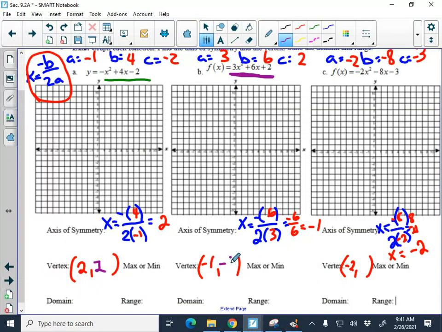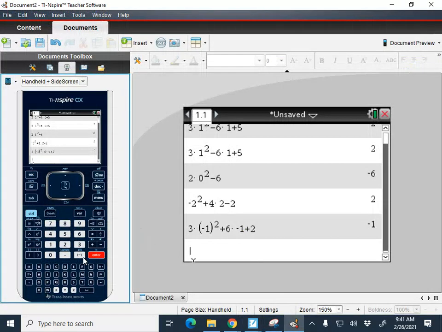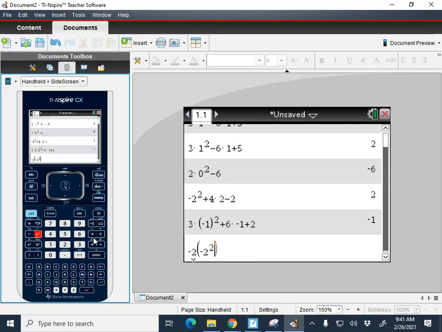Interesting. So far we put in 2, we got 2. We put in negative 1, we get negative 1. That's coincidence. We might say, well, we're going to put in negative 2 and get negative 2. Maybe, but I don't think so. We'll see. So in this one, negative 2 parenthesis negative 2 squared. Whoops. Got to get on the outside of the parenthesis.